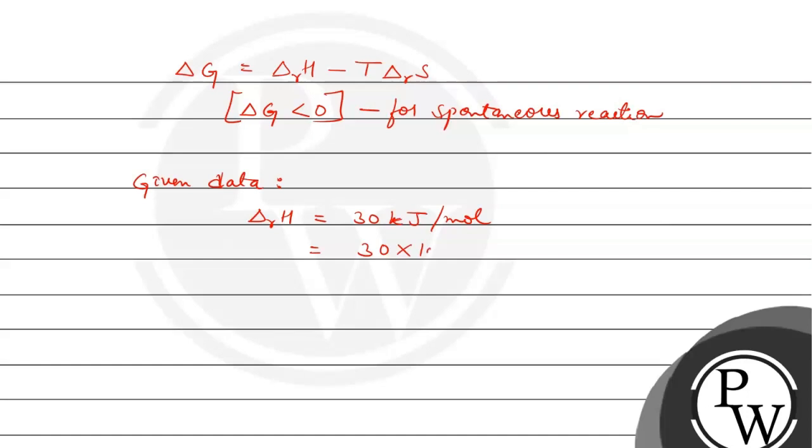Kilo means 1000, so it will become 30,000 joule per mole. Next we are given the temperature, which is 450 Kelvin. Next, the reaction should be spontaneous at this temperature, therefore delta G is less than 0. So, these are the given data from the question.